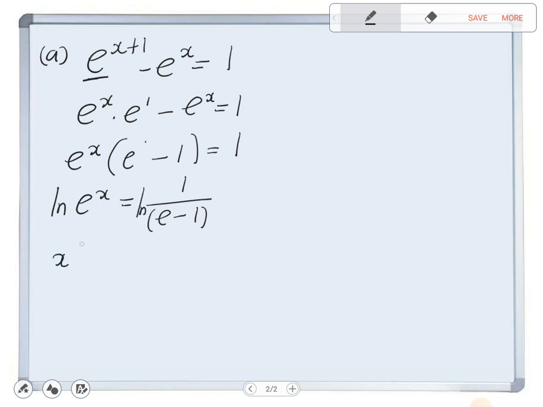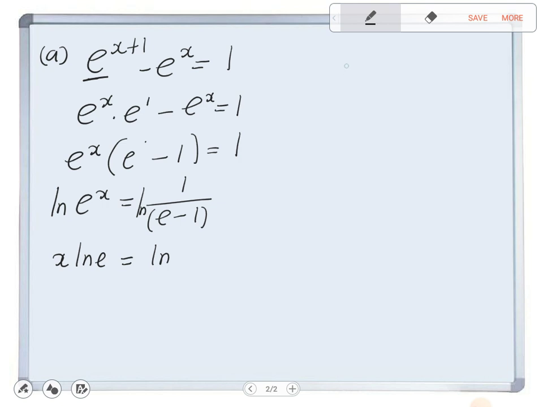So this one will give us ln e^x is equal to, well, these two we are subtracting them. So initially this will be ln, okay? The one that we have here is just the same as ln 1, all right, minus the other, ln e minus 1. Then that's how come we end up dividing the two.